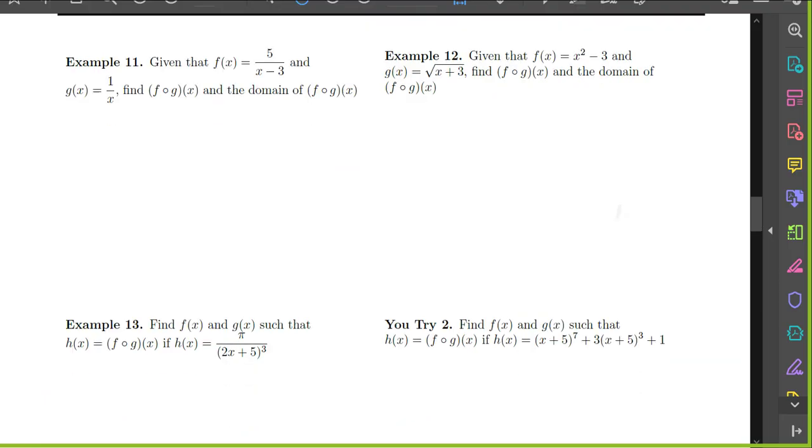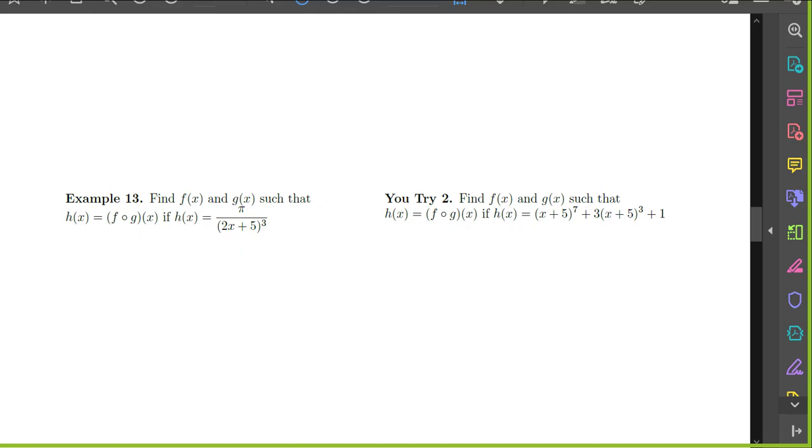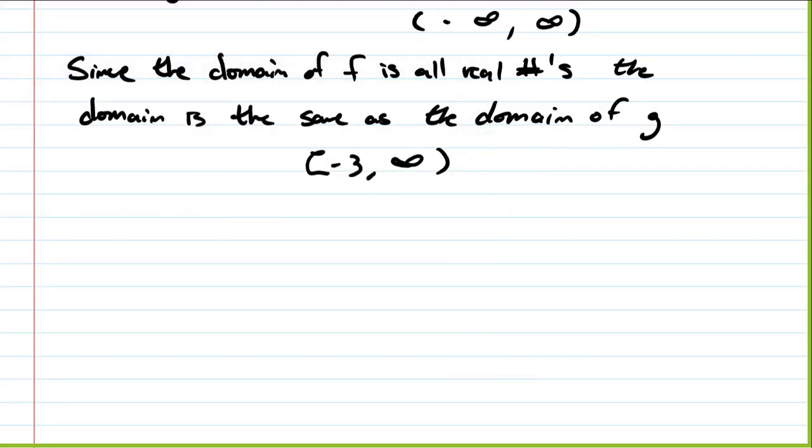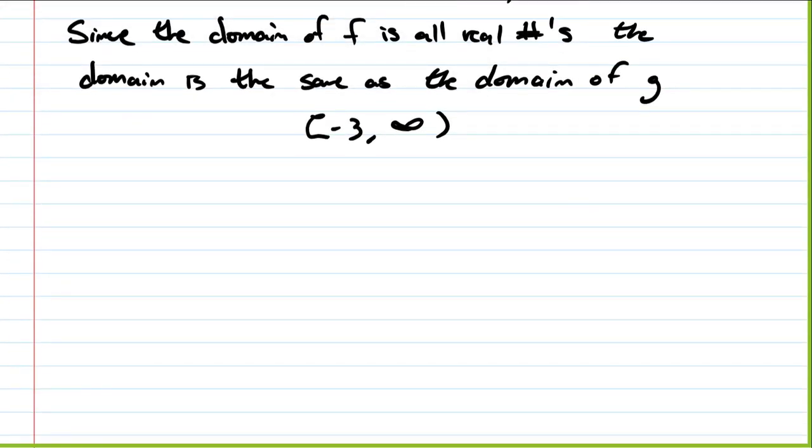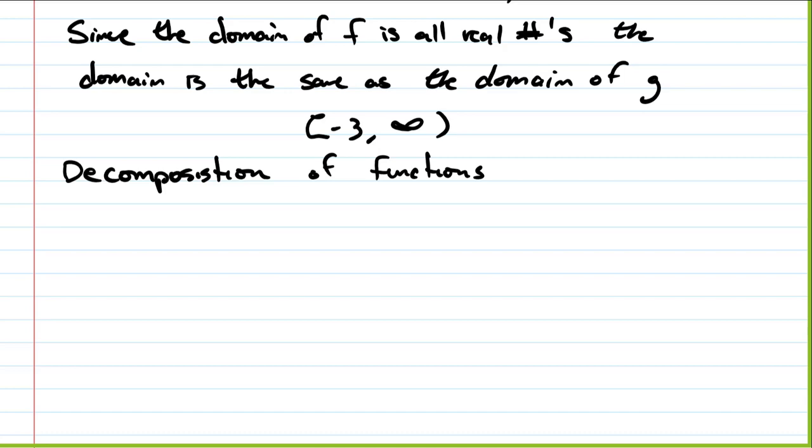All right. So next thing we want to talk about is, if we can do something in mathematics, we also have to be able to undo it. And we want to talk about decomposition. So decomposition is basically the inverse operation of composition.